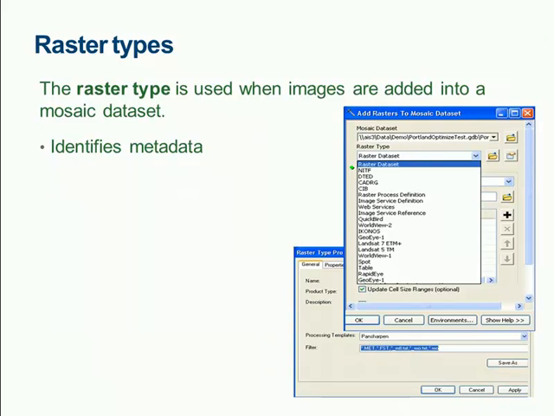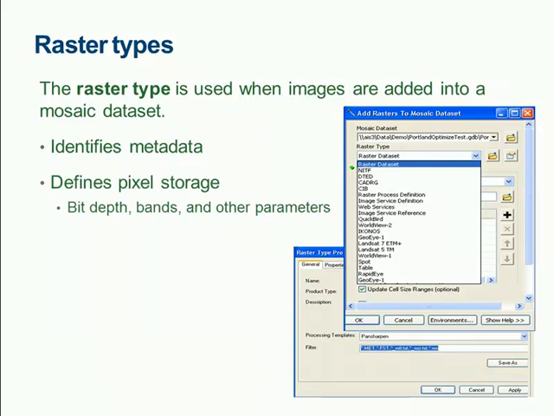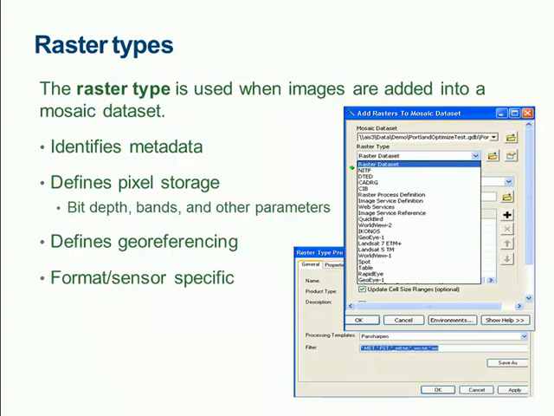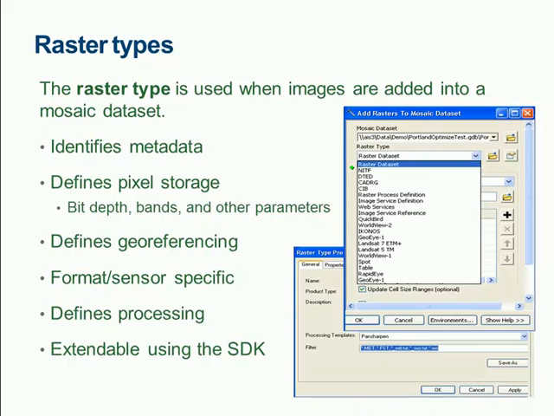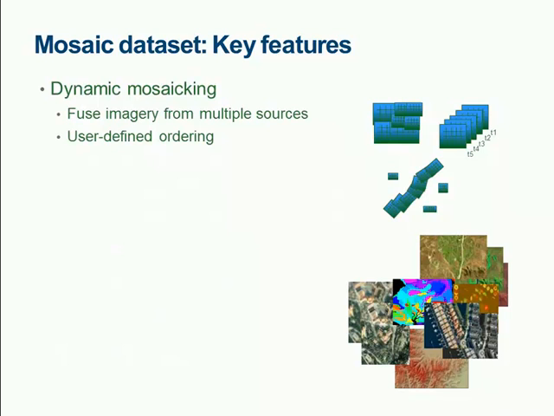It addresses details such as the file format and organization, georeferencing, spectral bands, metadata such as acquisition date, etc. Basically, as much information as possible for every available raster type. And it's very important to emphasize that raster types can be customized if you have unique sensors or unique data formats. The SDK is our software development kit.